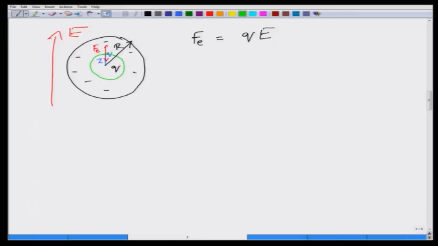Another thing you will notice is that because the field is given by the electron cloud, the field lines are all directed inward, correct. The field lines are all directed inward on this sphere. So consider a sphere of radius z. On that sphere, the electric fields will all be directed along the radial direction.